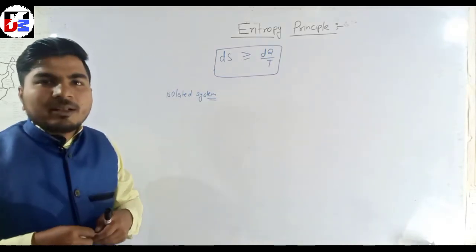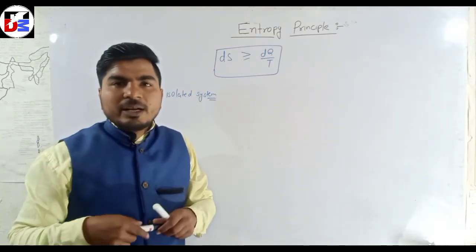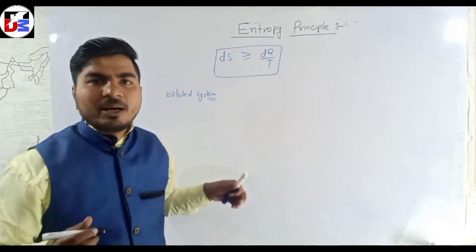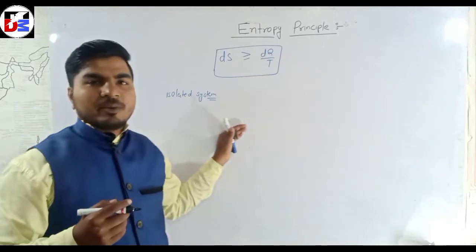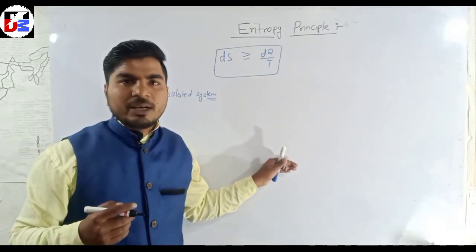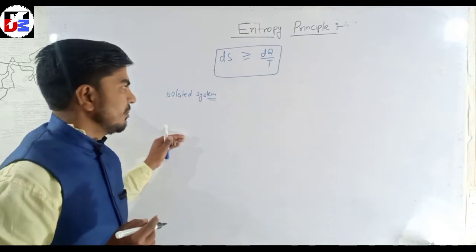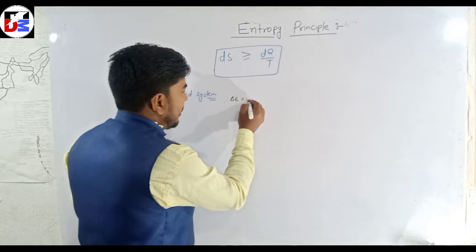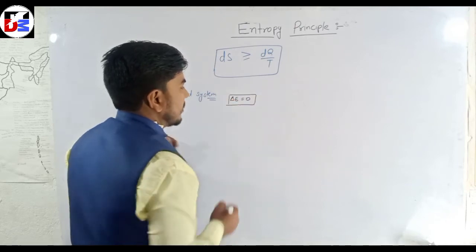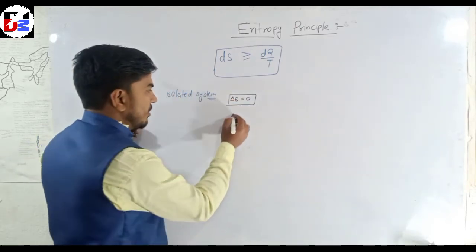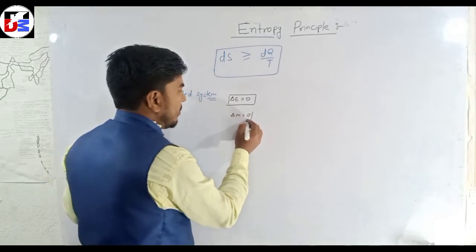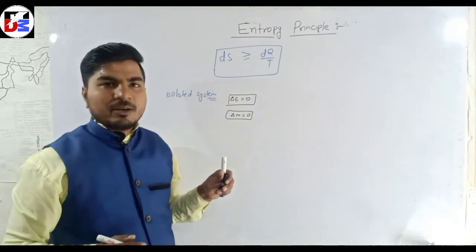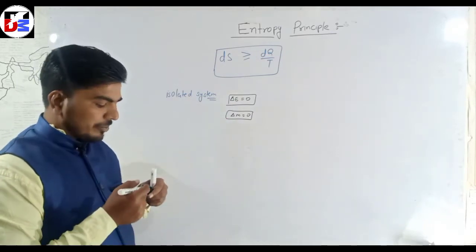What is an isolated system? An isolated system is one whose mass is fixed and energy is also fixed. Neither mass nor energy transfers to the system. That system is called an isolated system. That means del E is equal to 0 and del mass is also equal to 0. So mass is constant and energy is constant in the isolated system.